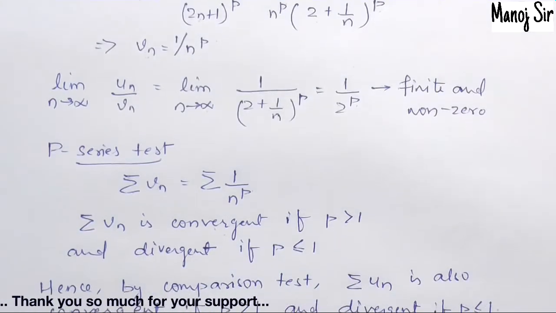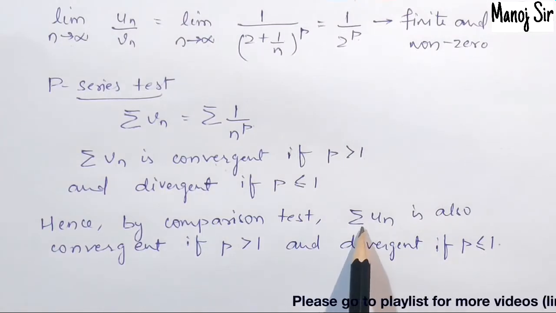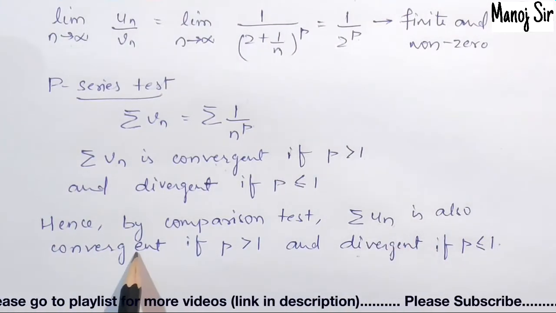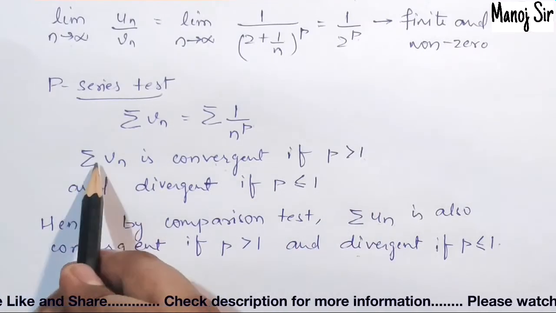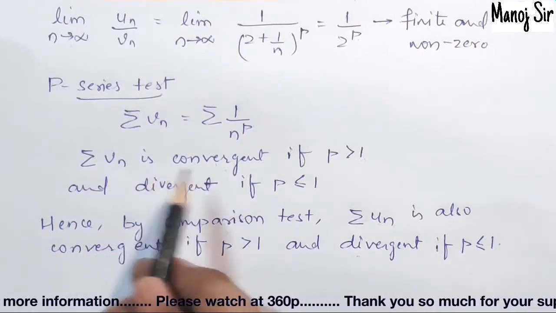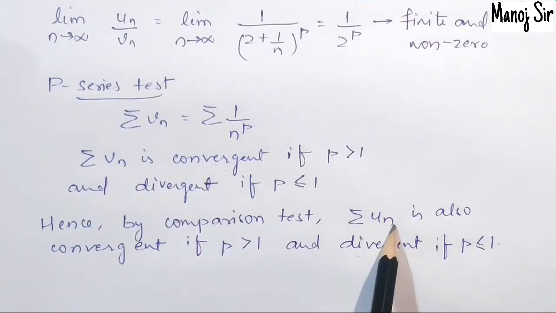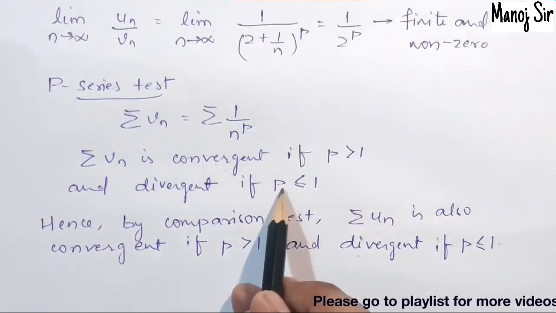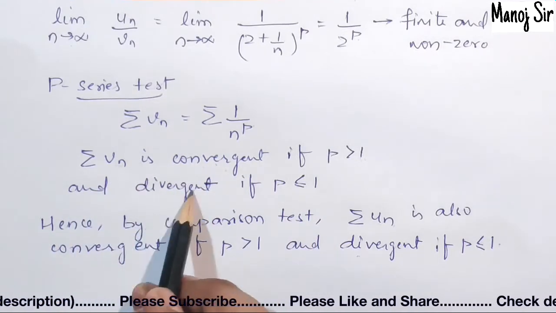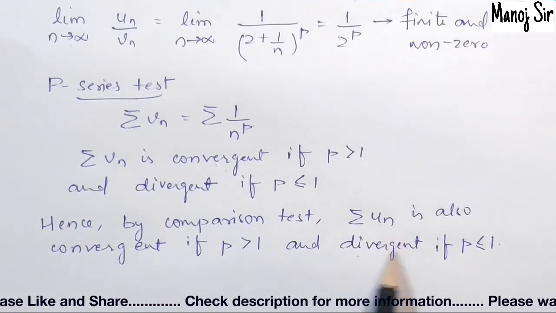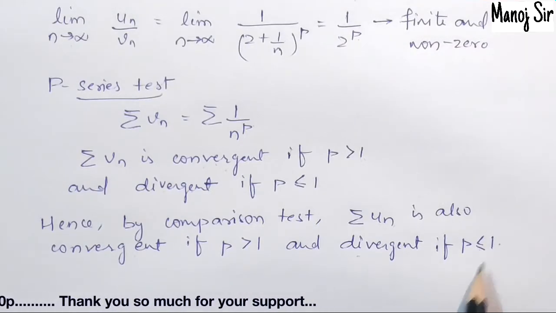So by the comparison test we can say that summation un is also convergent if p is greater than 1, because summation vn is convergent. At p greater than 1, vn is convergent and un is also convergent. When p is less than or equal to 1, summation vn is divergent and summation un is also divergent.